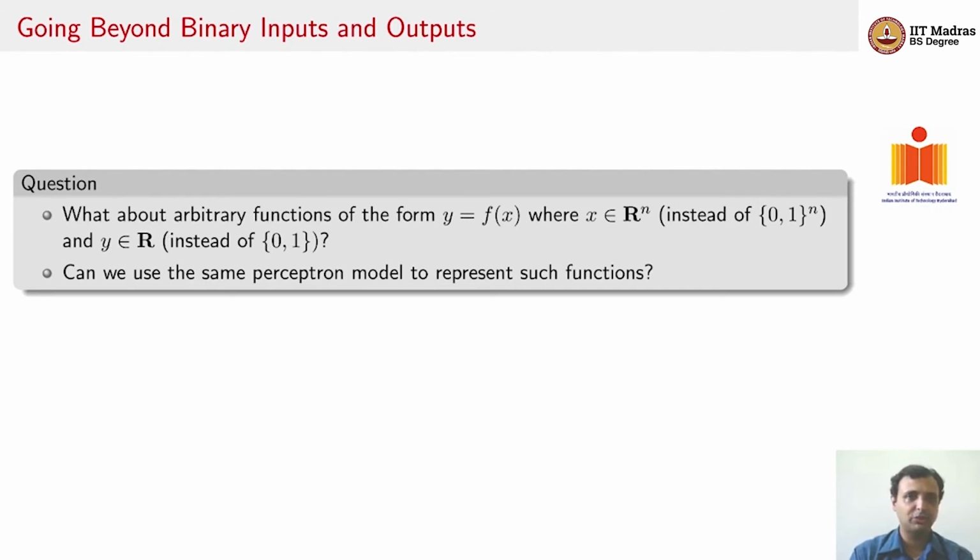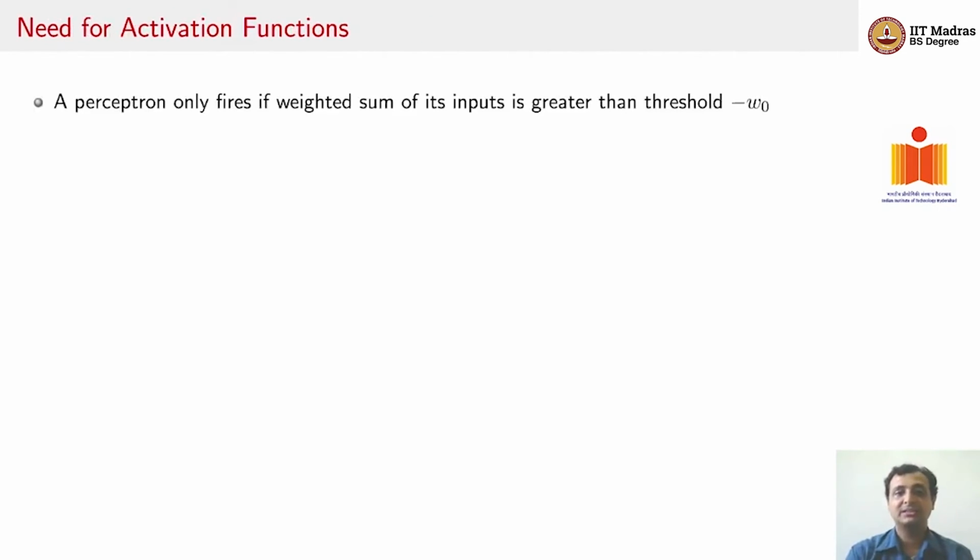The previous result that we showed was only that a multi-layer perceptron with 2 power n hidden neurons can solve any Boolean function. What if that function was not Boolean? Can we use the same perceptron model to represent such functions? The answer is we need something called activation functions. Why activation functions? We'll see that in a moment.